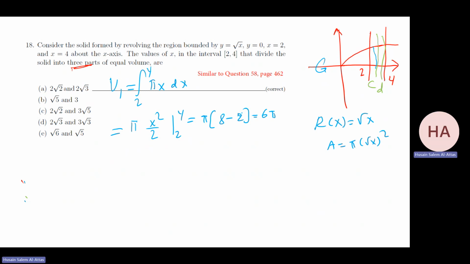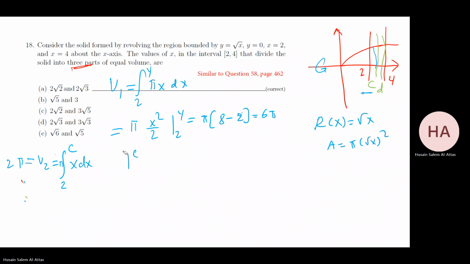Now, from 2 to C, that will be 1/3 of this. So the integral from 2 to C will be 1/3 of that, which is 2 pi. So now we need to find C. The integral of x dx, the same function, will be x squared over 2 from 2 to C. Pi cancelled, because pi is taken as a common factor.